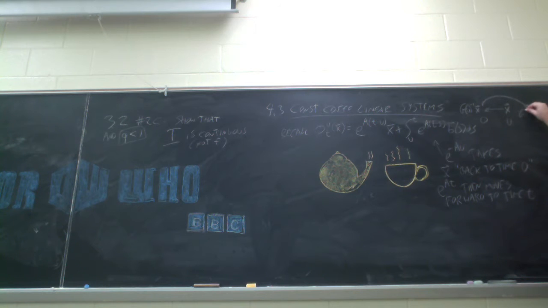So in the homogeneous case, basically it's g of t, g of u inverse, x.